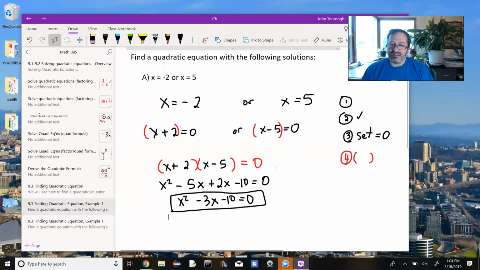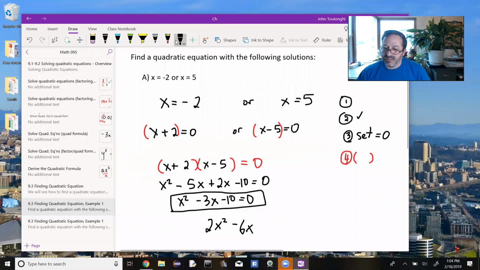An interesting thing about this, these are not unique solutions. I could take this equation and multiply everything by 2 and get 2x squared minus 6x minus 20 equals 0. And that would also have the same two solutions. We don't need to do this.